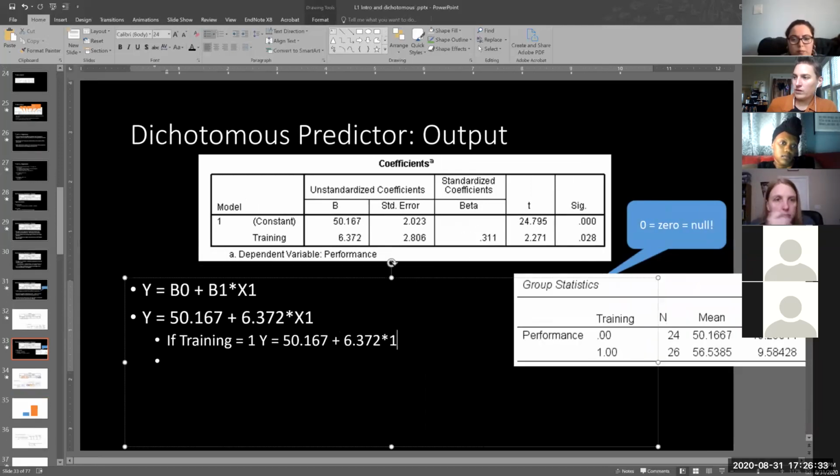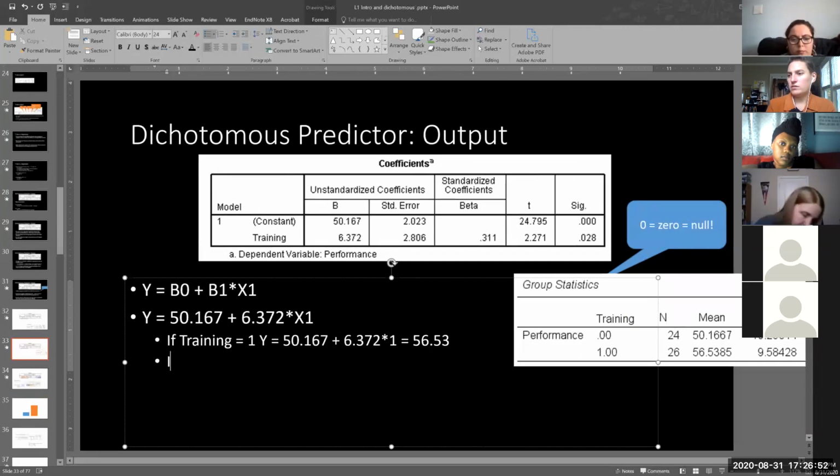That's equal to 56 point something. It's over here, 56.53.